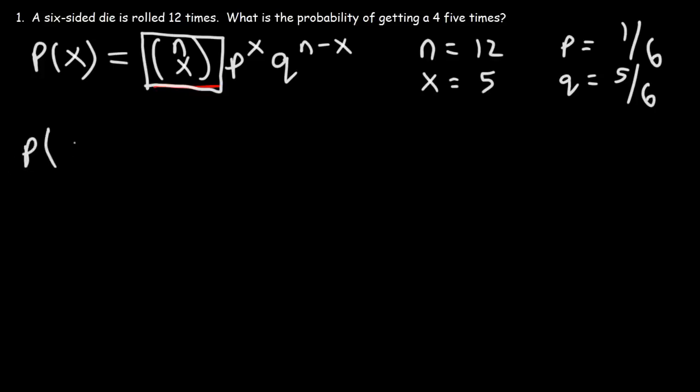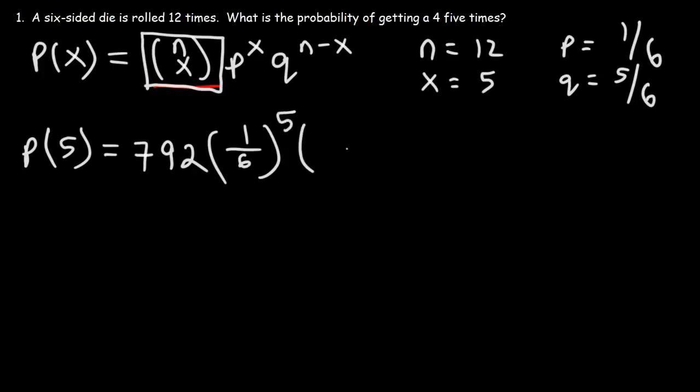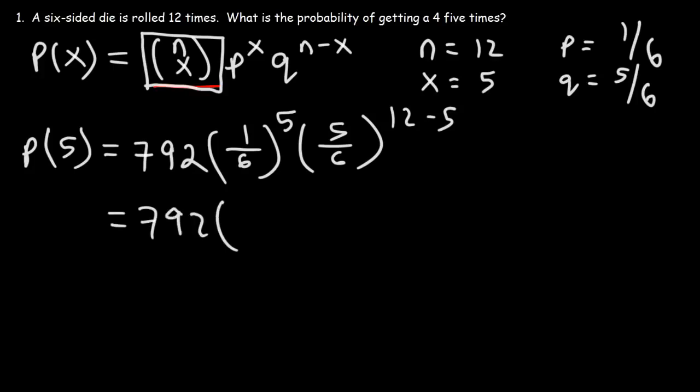So we have P of x, where x is 5. That's equal to 792 times lowercase p, which is 1 over 6, raised to the x power, or the 5th power, times q, which is 5 over 6, raised to the n minus x, or 12 minus 5. At this point, you can just plug this into your calculator and get the answer.